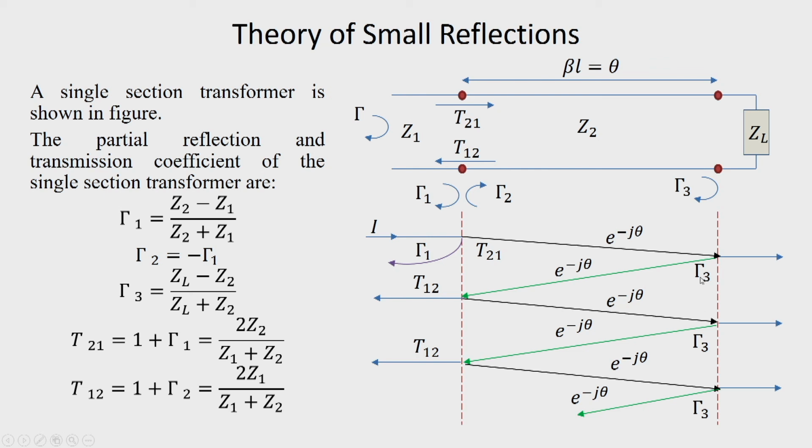So, it will essentially get multiplied by gamma 3 here. So, if we start with the wave incident here, we can see that here we will get T21, at this stage it will be T21 e to the power minus j theta, and then multiplied by gamma 3, then it will travel down.